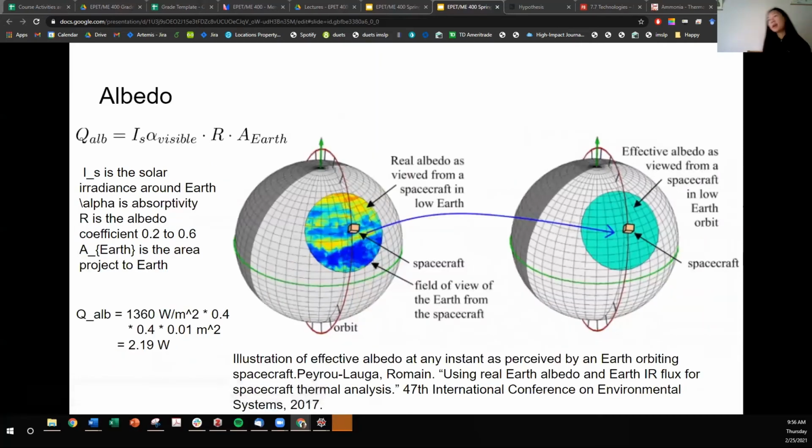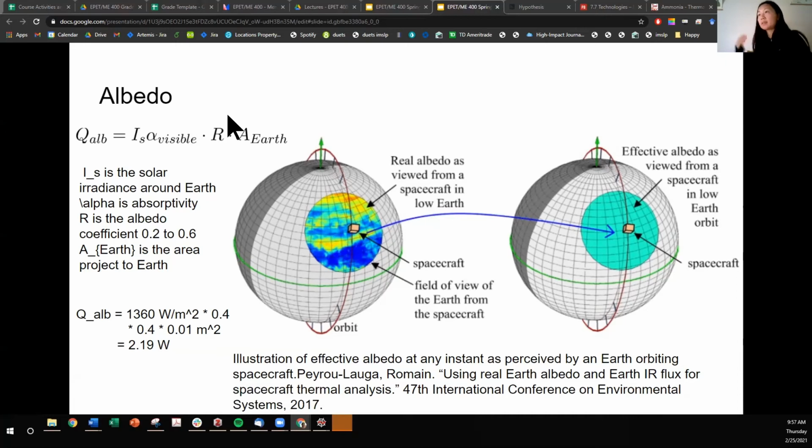All right, so now we need to think about, if we're in low Earth orbit, the albedo also radiating some heat to the spacecraft that it will absorb. The amount of heat from albedo is related, again, to the spectral irradiance of the sun and our absorptivity in the visible wavelength range. But now we need to think about R, which is an albedo coefficient.